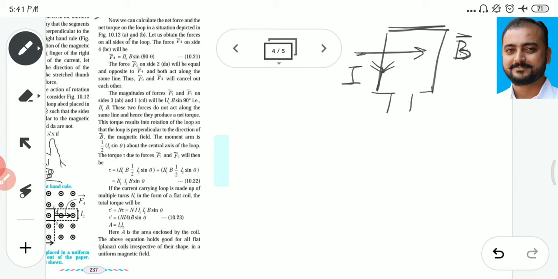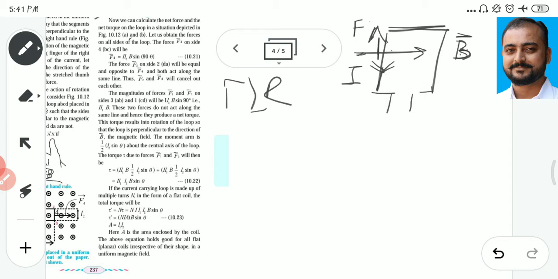The direction of force should be upward. According to Fleming's left hand rule, remember friends, I am using Fleming's left hand rule here, you have the direction of force in the upward direction.